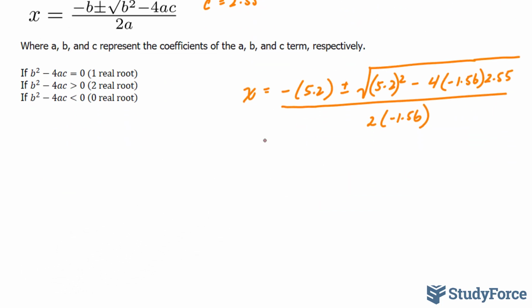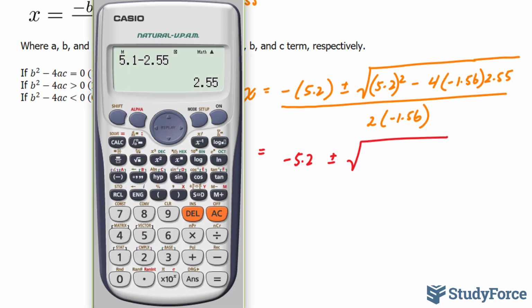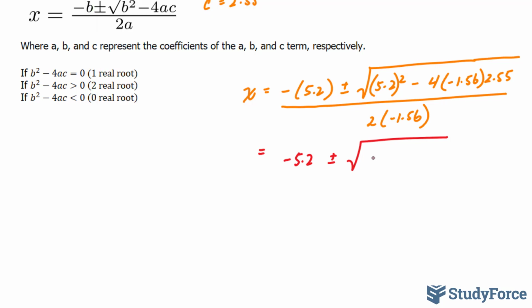Let's see what happens. Negative 5.2, negative times 5.2 is this, plus minus, using our calculator, bracket 5.2 squared minus 4 bracket negative 1.56 bracket 2.55, and we end up with the number 42.952.